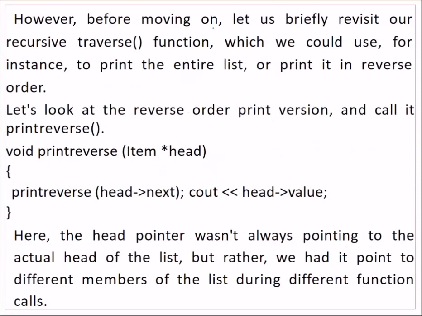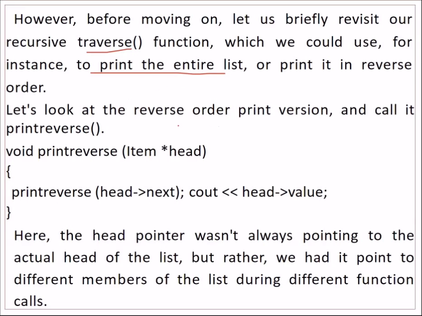But before going ahead, let us see our recursive traverse function. Hope you recall this traverse function. We used it to traverse the list, which we could use, for instance, to print the entire list or print it in reverse order, printing or reverse printing.